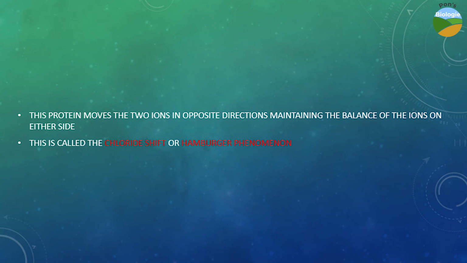Carbonic acid is an unstable compound and dissociates to form hydrogen ions and bicarbonate ions. The accumulation of hydrogen ions increases acidity in the blood. That is, it leads to a decrease in pH.